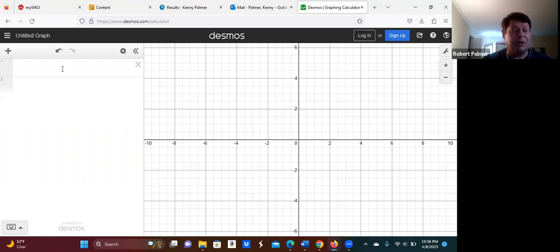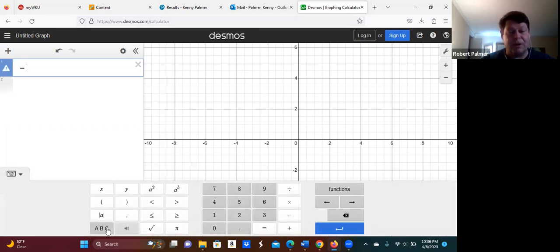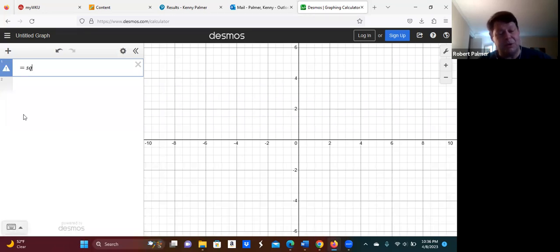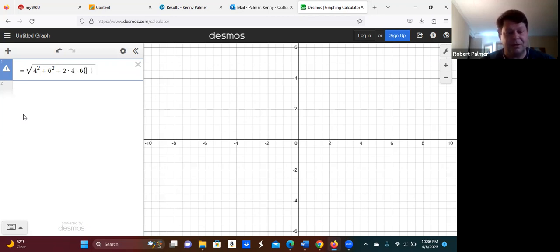Okay. So let's plug all that in. Now do a square root. You can either click the keyboard and hit the square root down here, or just type SQRT, that gives you a square root. Now 4 squared plus 6 squared, okay, minus 2 times 4 times 6 times cosine of 61 degrees.